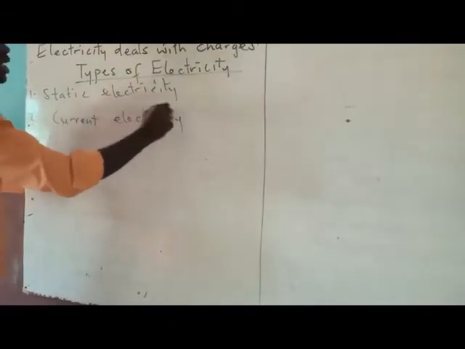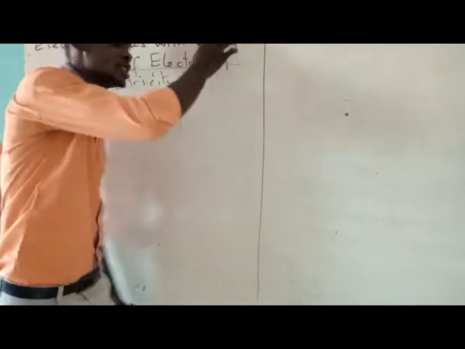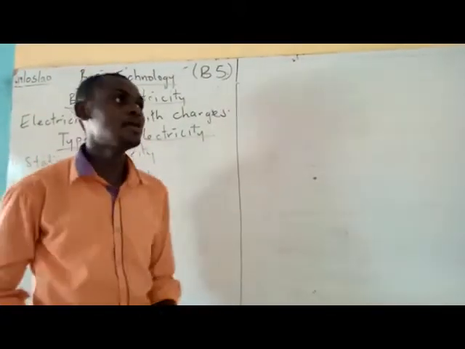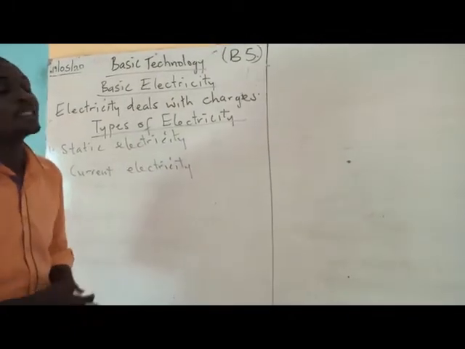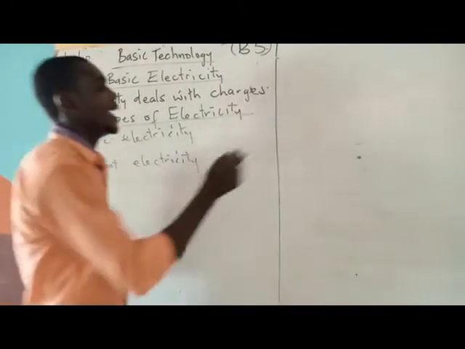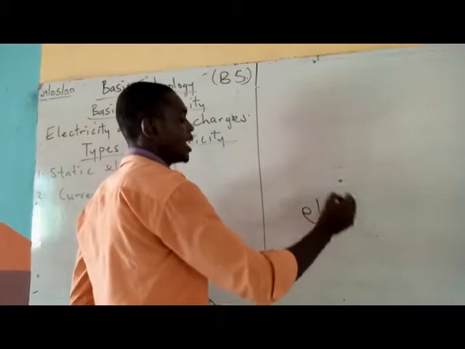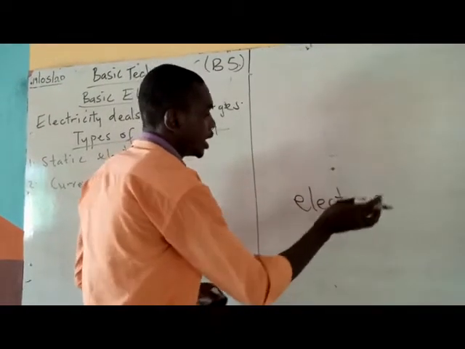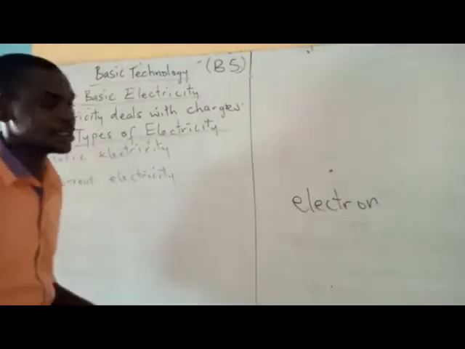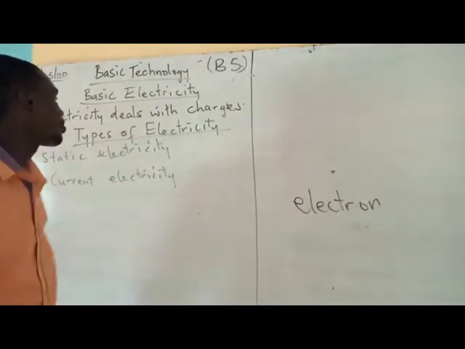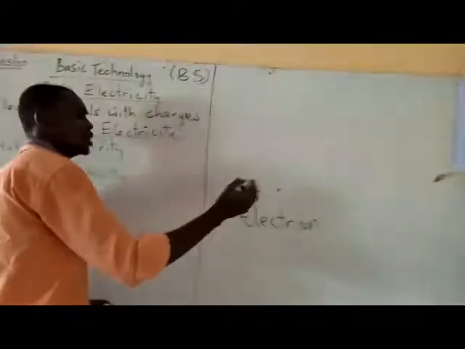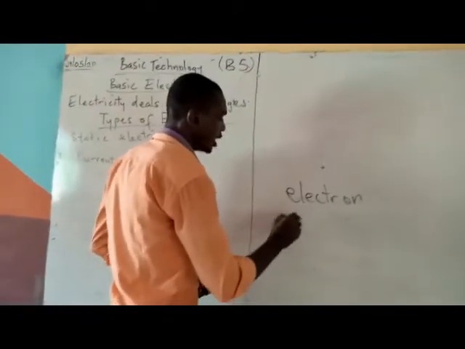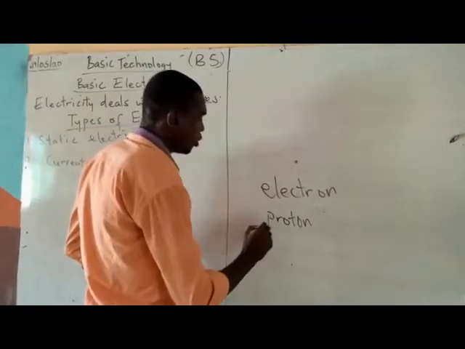Now, as I said earlier, electricity has to do with charges. Let me give you some examples of charges. One example of a charge is what we call the electron. This is a very popular charge. Another charge we call the proton.